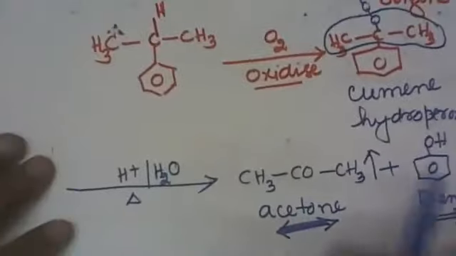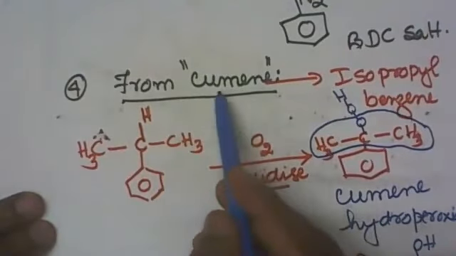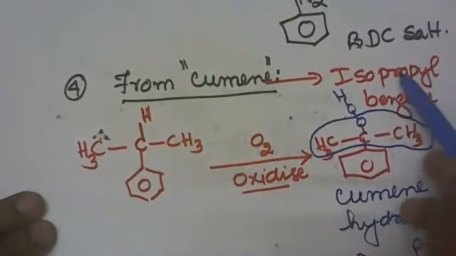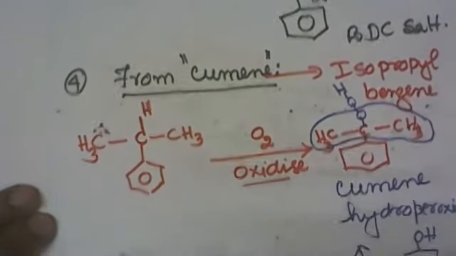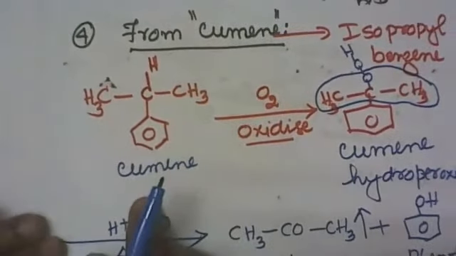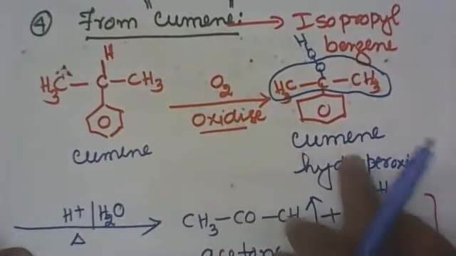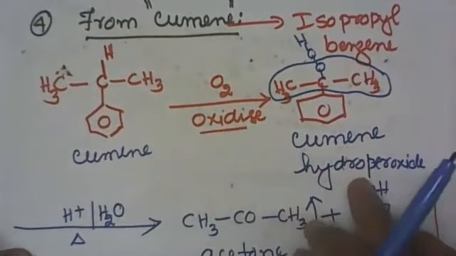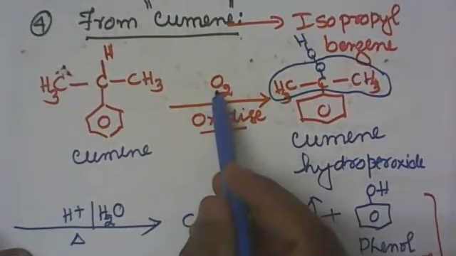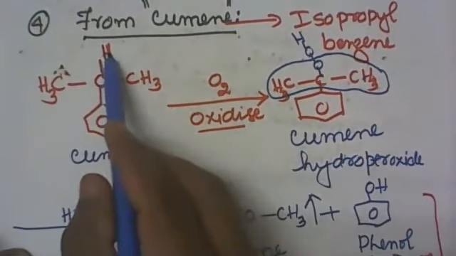Fourth method, from cumene. Cumene is also known as isopropyl benzene. Here, cumene or isopropyl benzene is oxidized to give cumene hydroperoxide. Oxygen atom comes in between the carbon hydrogen bond.